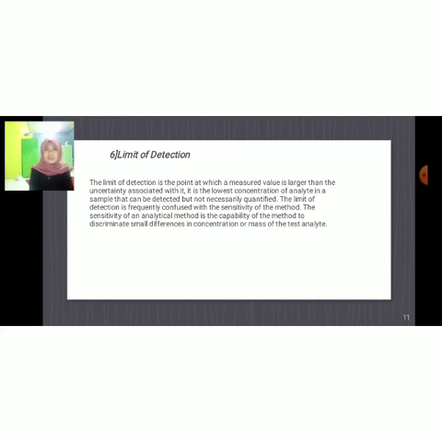The limit of detection is frequently confused with the sensitivity of the method. The sensitivity of an analytical method is the capability of the method to discriminate small differences in the concentration or mass of the test analyte.